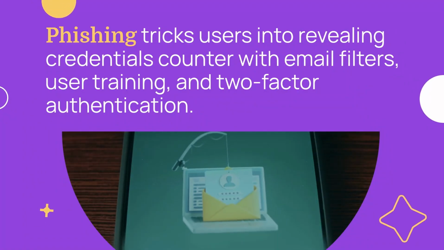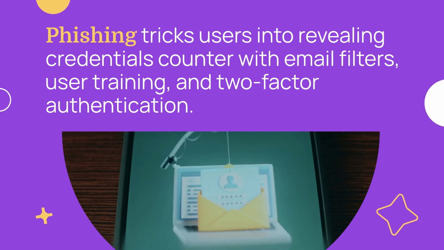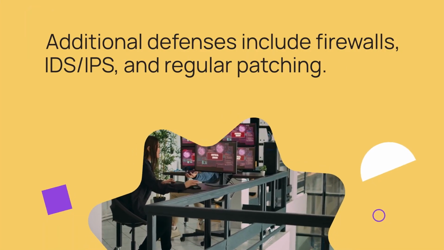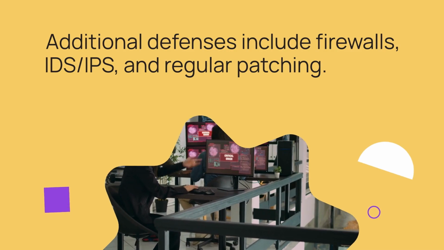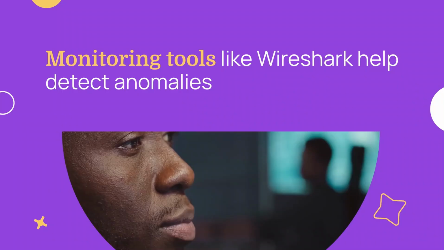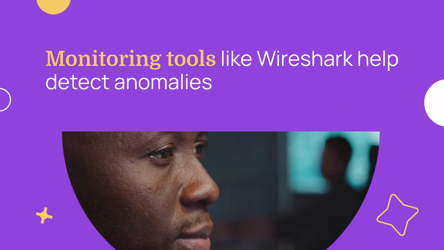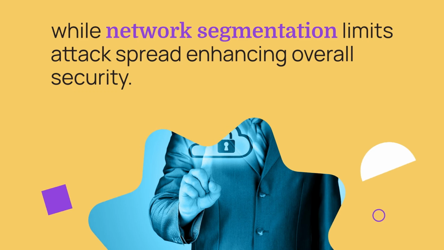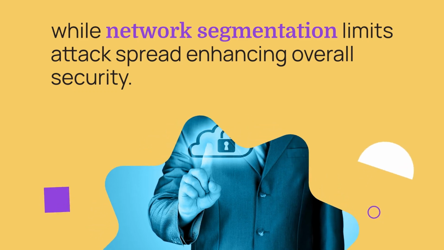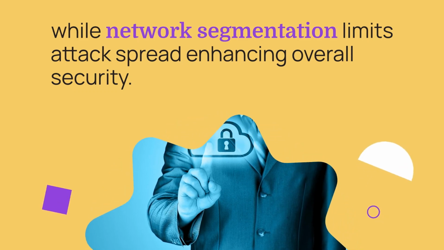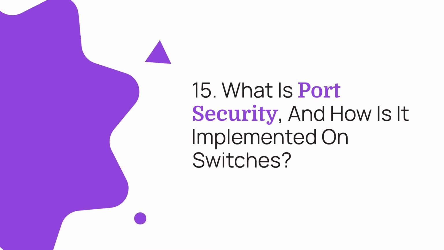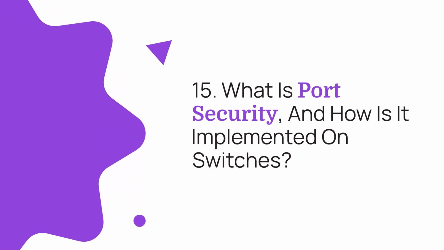Counter with email filters, user training, and two-factor authentication. Additional defenses include firewalls, IDS/IPS, and regular patching. Monitoring tools like Wireshark help detect anomalies, while network segmentation limits attack spread, enhancing overall security.